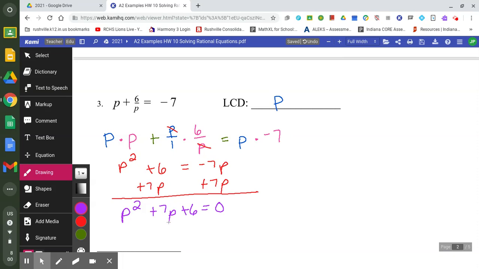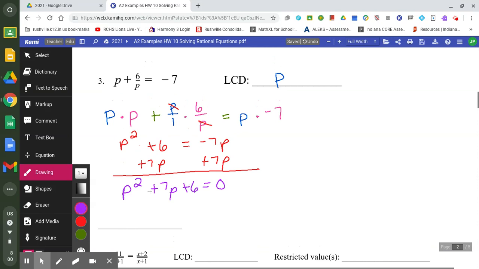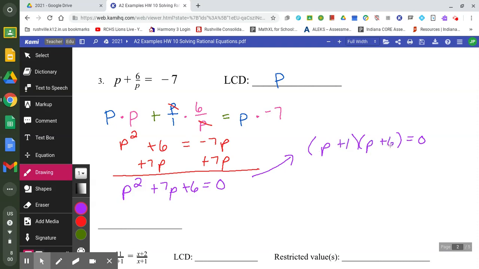And now we can do split the middle, or we can do quadratic formula. I know that this is going to factor into, so I'm going to actually write it over here. So I know that that is going to factor into p plus 1 times p plus 6, because I know that 1 times 6 is 6 and 1 plus 6 is 7.